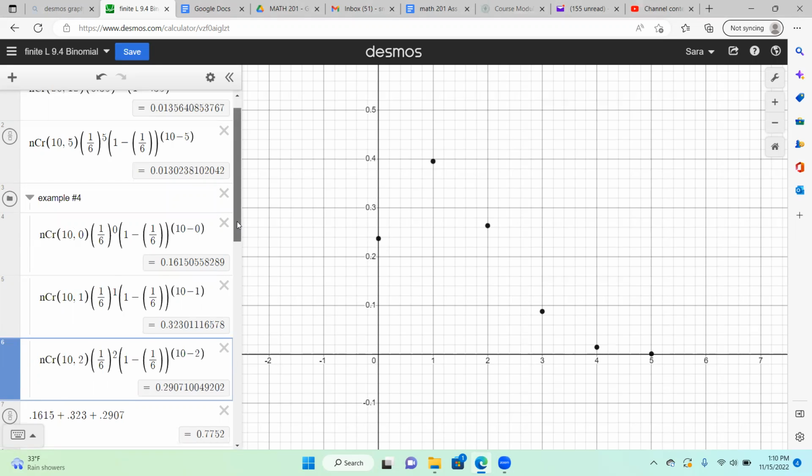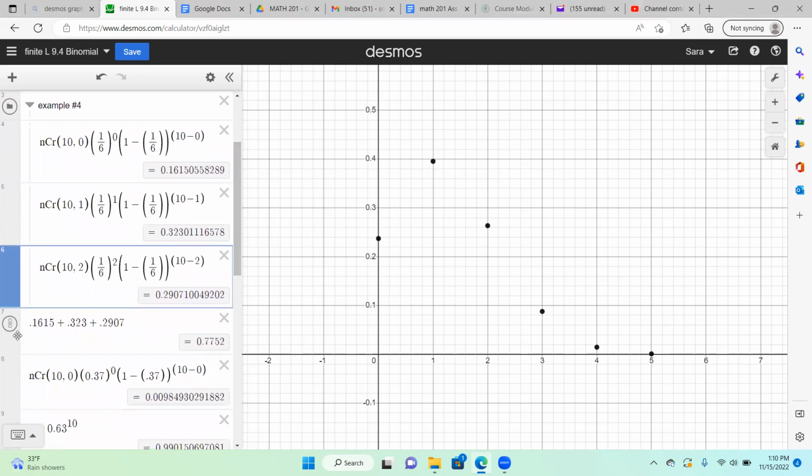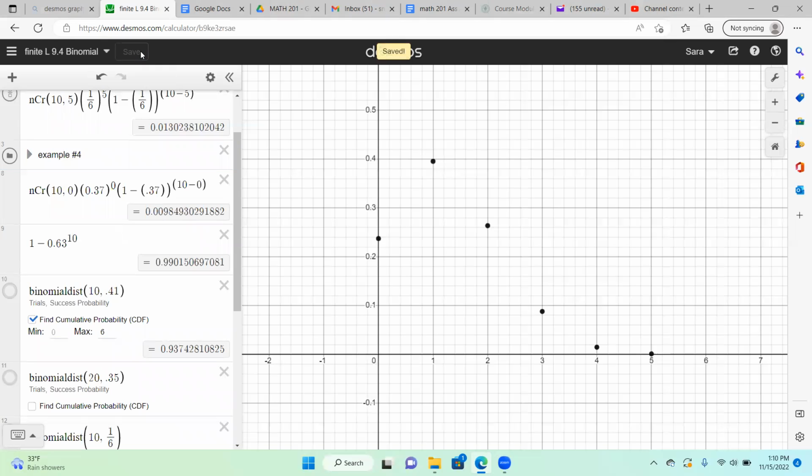And then we're going to add those together, and that probability is 0.7752. Okay, let's go back to our paper here, our notes.